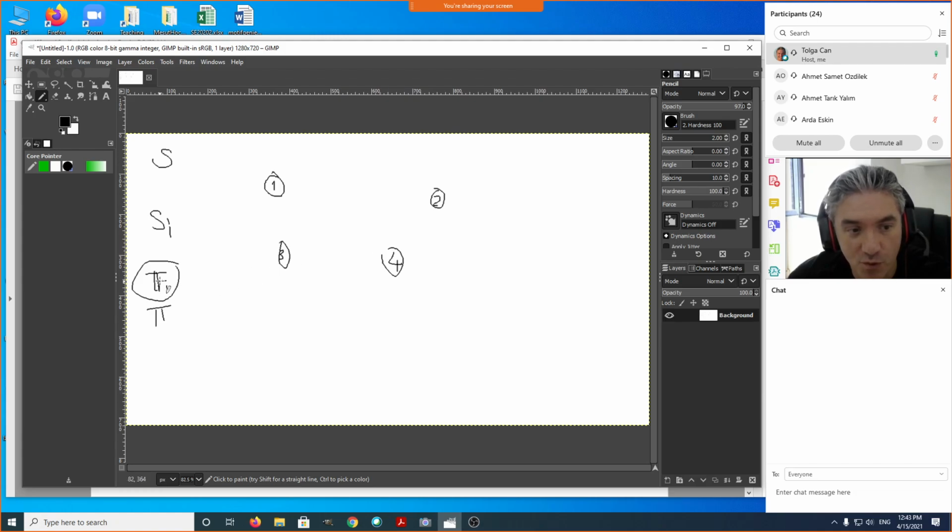So it will have 4 possible values, and the summation of all these pi i's is going to be equal to 1. So it's going to be a probability mass function.